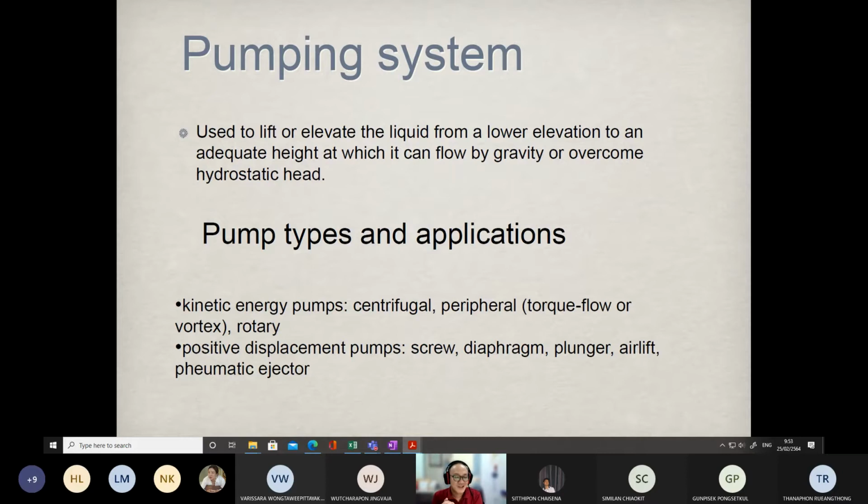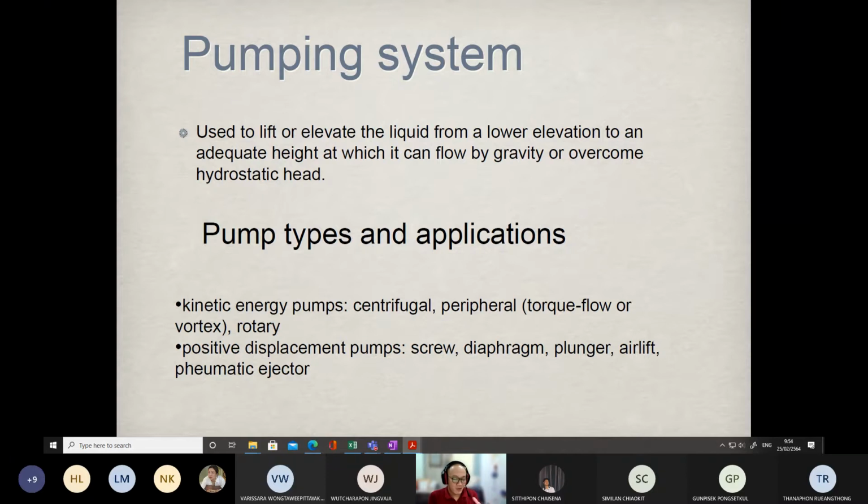So we normally use centrifugal pumps to supply water in our house and many other places. The farmers also use these types of pumps to withdraw water from surface water or any other water resources into the fields, the paddy fields, or the agriculture areas. For these types of pumps, we acquire the energy from electricity.